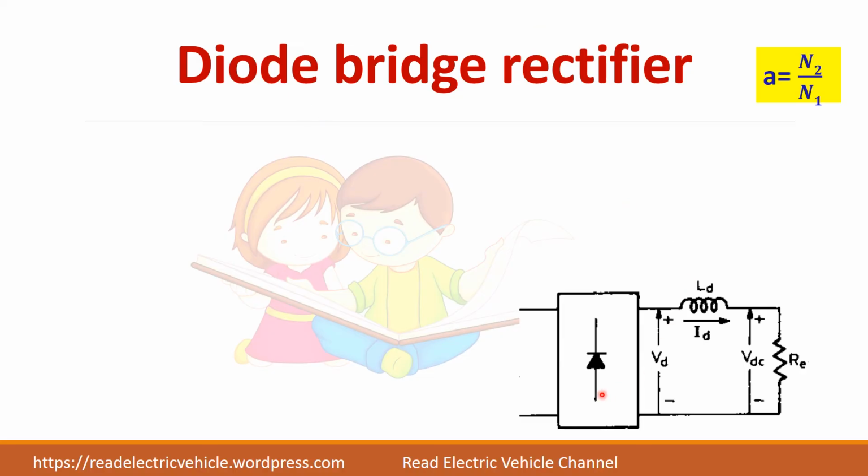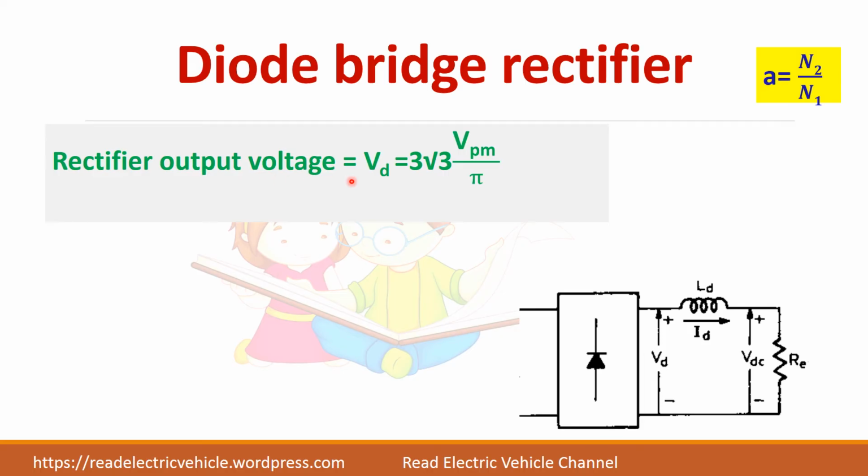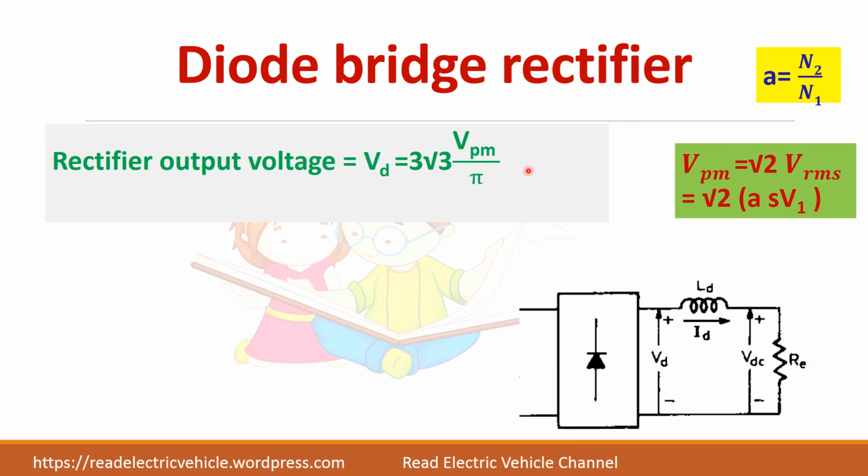Now we will see about the diode bridge rectifier. So we have already seen what is the voltage here. Now after diode bridge rectifier, what happens? So the rectifier output voltage VD is given by, so this is a 3-phase diode bridge rectifier. So the output voltage formula is 3 root 3 VPM by pi, where VPM is nothing but root 2 times VRMS.